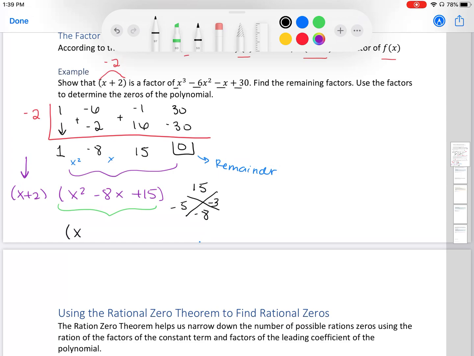That factors to be x minus 5 and x minus 3. So what are all of the factors of our function? This function is the same as all of these factors: x plus 2, x minus 5, and x minus 3.